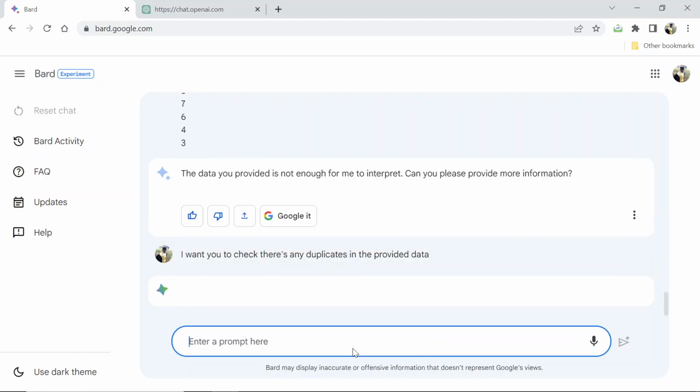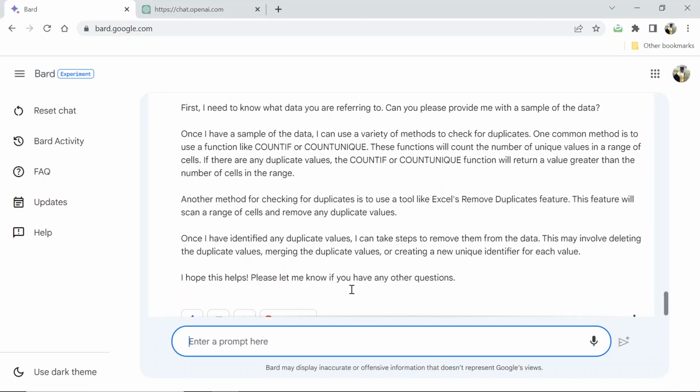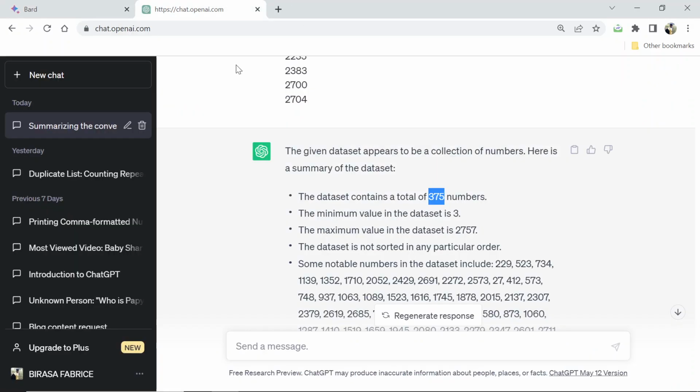Is there any duplicate? Sure, I can help you check for duplicates in the provided data. First, I need to know what data you are referring to. No, to check duplicates, there's no need to know the context. I don't know. BARD is deceiving me at this point.